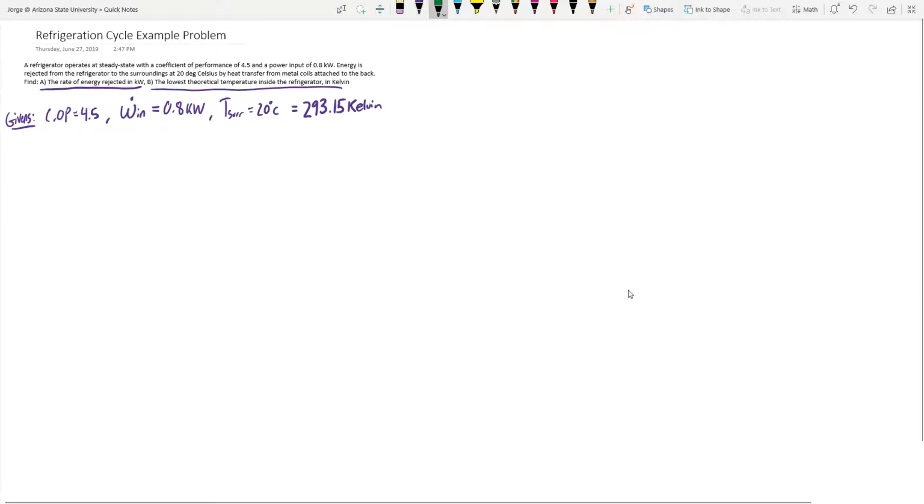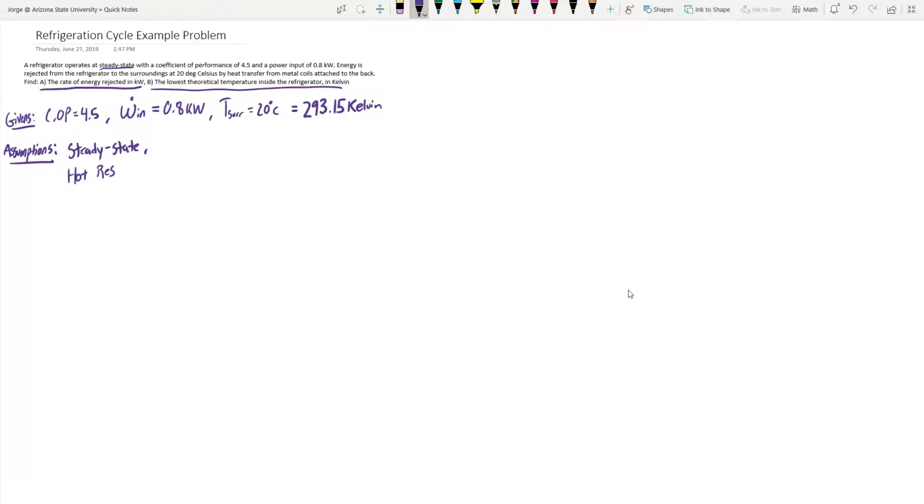Okay, so after we write our givens, I also like to write our assumptions. So what assumptions can we make with this problem? For the first assumption, you can say this is steady state, because it mainly tells us that here. And knowing that this is a cycle, we know that there's going to be a hot and a cold reservoir.